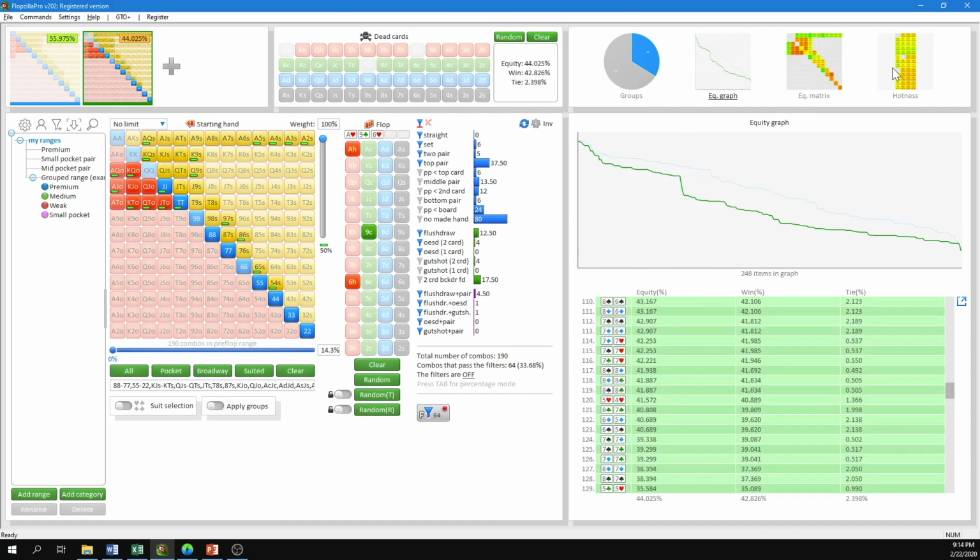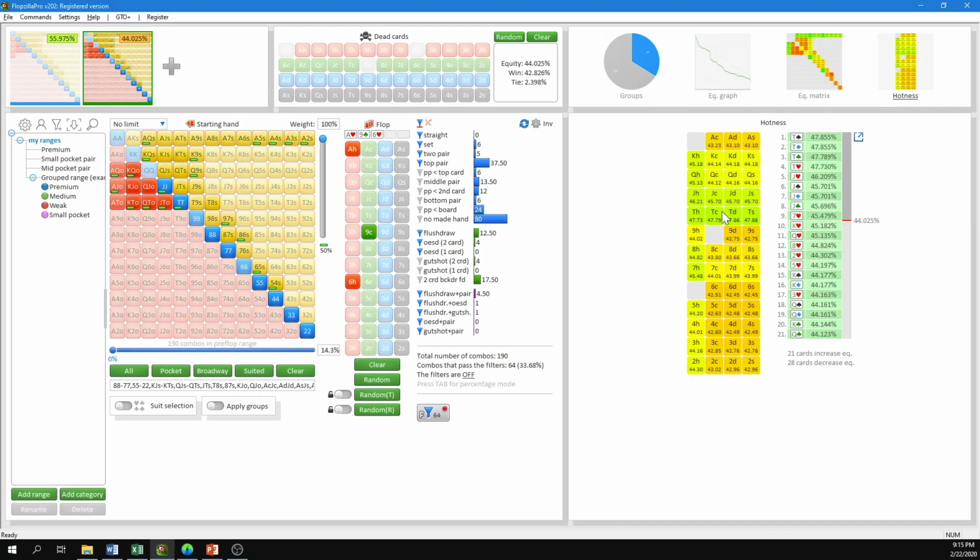I also like looking at things like this hotness matrix, which we can see as we're starting to construct, what turn cards are particularly good for us. So, anything that's not a heart. Hearts are not great. Some are better than others. But aces, nines, eights, sevens, and then anything nines and below are fairly decent for us.